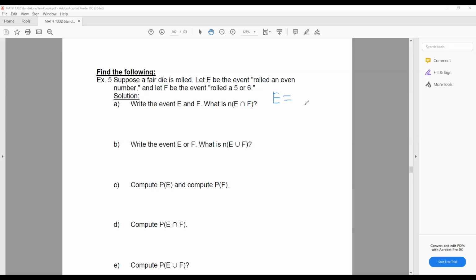So even numbers, that set would contain 2, 4, 6. Okay. Event F says you rolled a 5 or a 6.